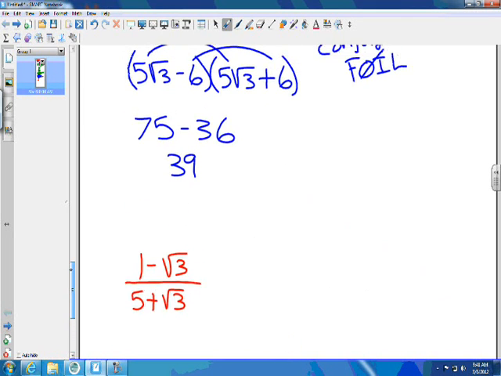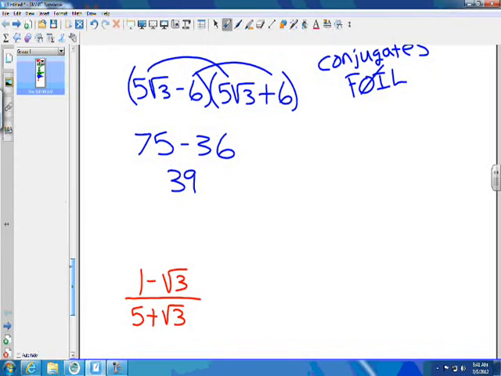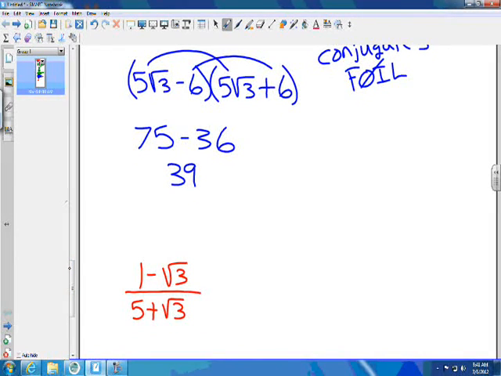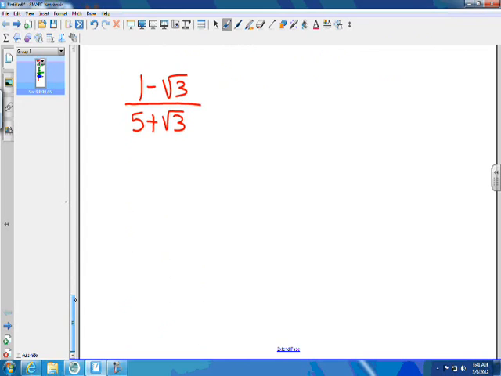So let's look up here, this previous example. If we multiplied times the conjugate, what did we end up with? Is there a radical in there? So maybe we could use that knowledge down here.